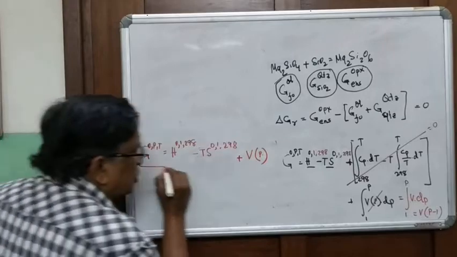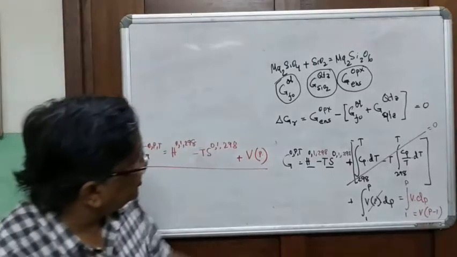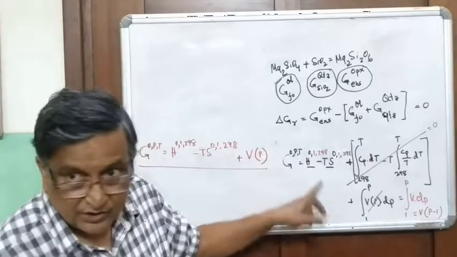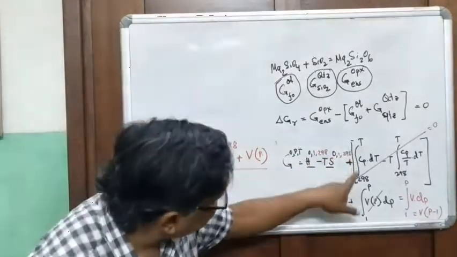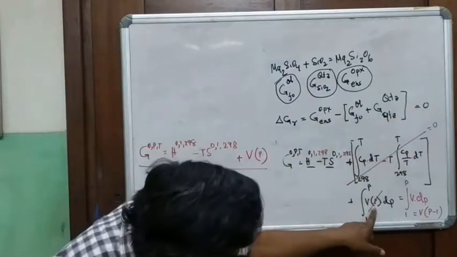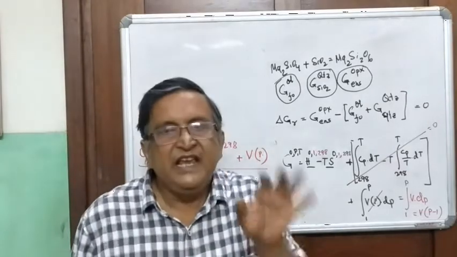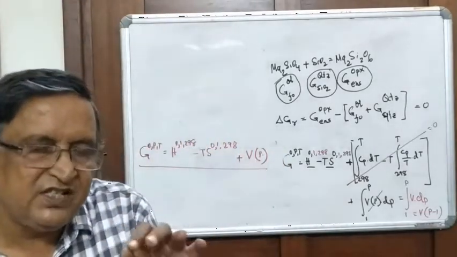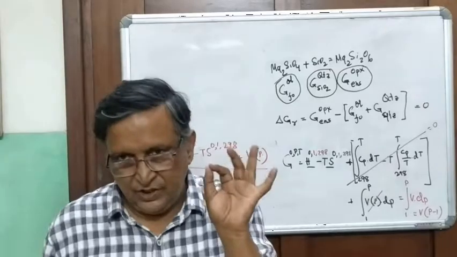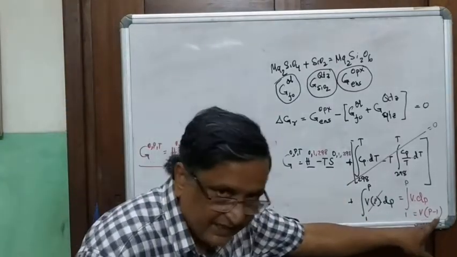So we drop down the equation to a much simpler form. Sorry, I made the mistake, you should make the correction, and you should also check part 1. We have ignored the heat capacity term and considered that the volume of the phase component does not change. That means it's an incompressible solid, not a function of pressure and temperature, and this is V into P minus 1.